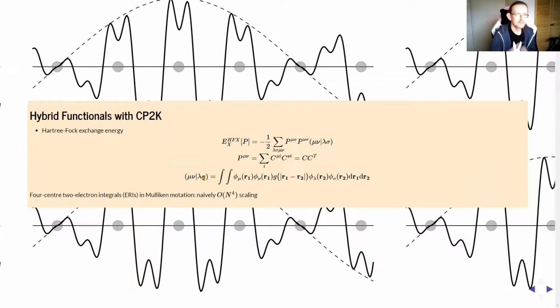For any hybrid calculation, what you need to be able to do is to calculate all these matrix elements of the Coulomb interaction. Let's say it can be replaced by a screened or other type of interaction between 4 centers.